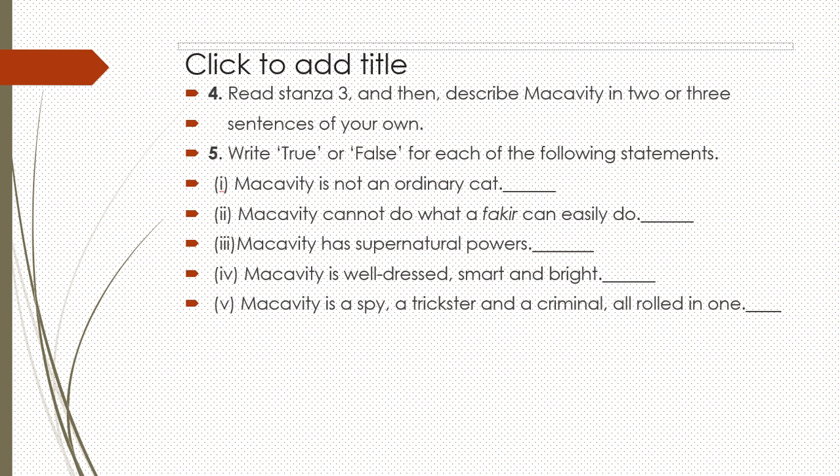Sentence 3, Macavity has supernatural powers. The fourth one, Macavity is well dressed, smart, and bright. The last statement is Macavity is a spy, a trickster, and a criminal all rolled in one.